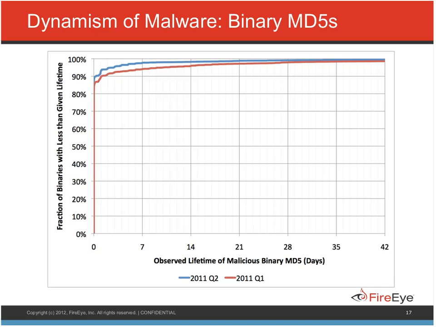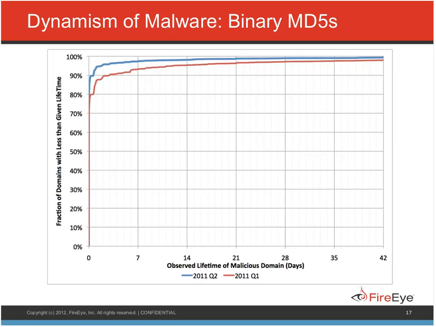Essentially within 1 day, we're seeing close to 90% of those software applications changing their MD5. So after 1 day, 90% of all that known malware becomes unknown again because it's morphing its signature. It's changing its MD5. And that's one way that criminals are getting around AV and other types of attempts to stop it on the endpoint.